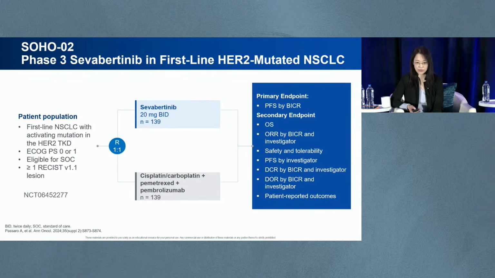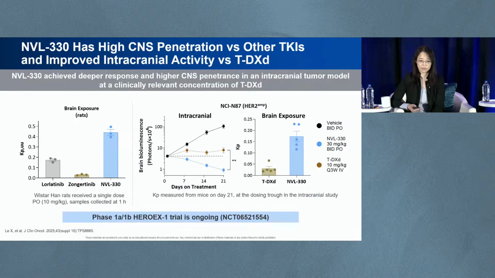SOHO-2 is designed to evaluate zivabertinib in the frontline HER2 setting in comparison to chemoimmunotherapy. This is ongoing, globally enrolling patients. I want to highlight a couple of new agents, just one slide each. Similar to EGFR mutation, HER2 mutation lung cancer has a high rate of CNS metastasis.